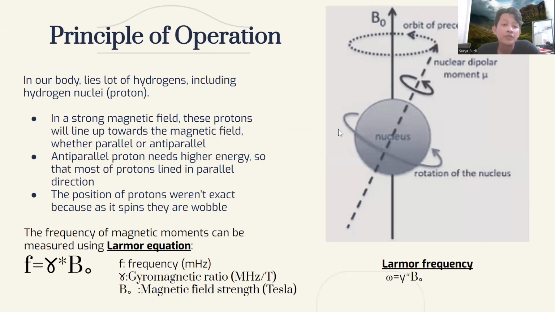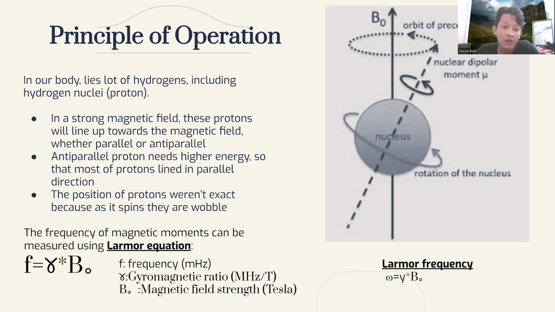Then the principle of operation of the MRI itself. In our body, there is a lot of hydrogen, including hydrogen nuclei, also called protons. When these protons are in a strong magnetic field, they will line up either parallel or anti-parallel.